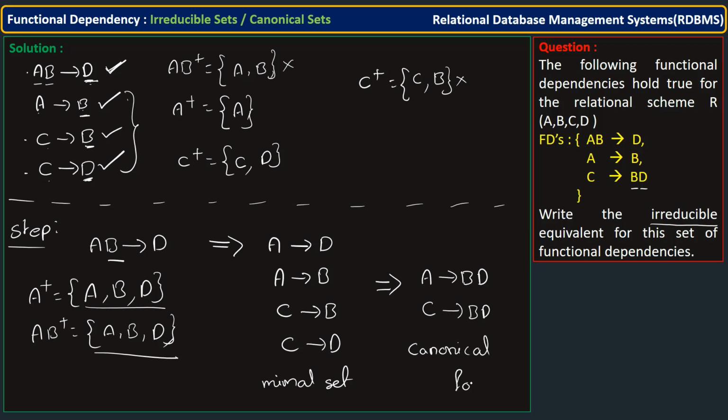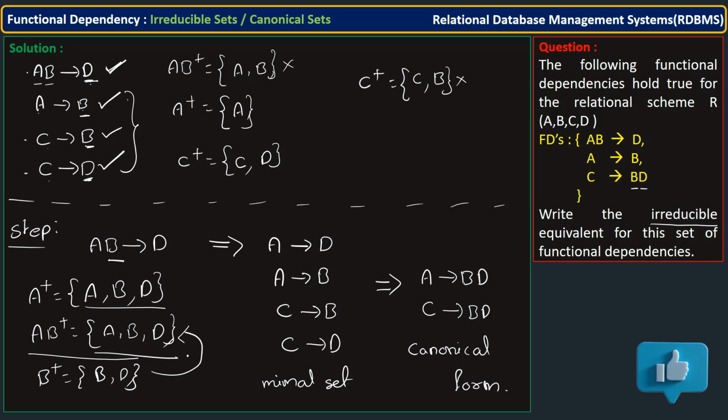If you observe, this is the main thing: without having one attribute, if you are able to generate it, then consider all possible subsets. You can find it this way also. Find the B closure. What does it give? A is not there, so when A is not there, B closure gives B and D, and you are unable to generate anything else. But are both the same?